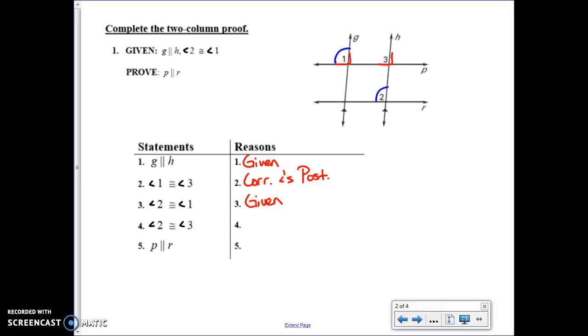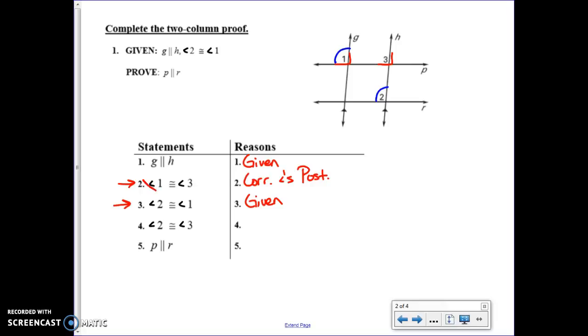Then angle 2 is congruent to angle 1. That's a given statement. Now we need to determine why we can say that angle 2 is congruent to angle 3. This time I'm not going to look at the picture for the moment, but I'm looking at my proof, and I see two statements coming together to form one statement.